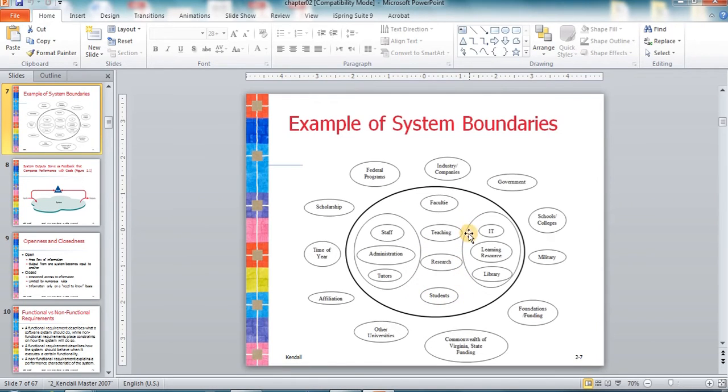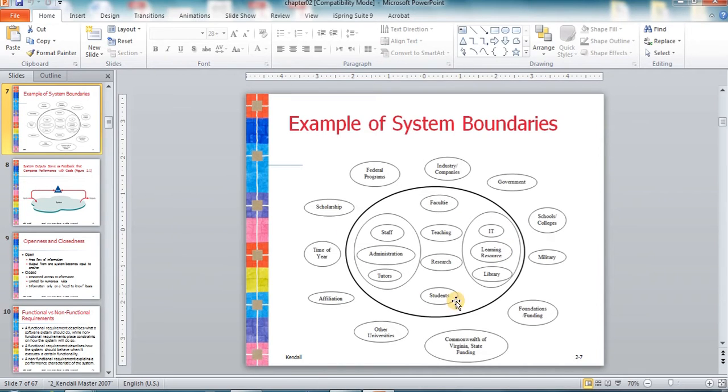The academic subsystem will contain faculty, teaching, research, and students. The administrative subsystem will contain the administrative staff, the tutors, the administration, and various administration departments. And we have the ordinary staff, such as the IT, the library, the learning resources, the external relationships, and so on.